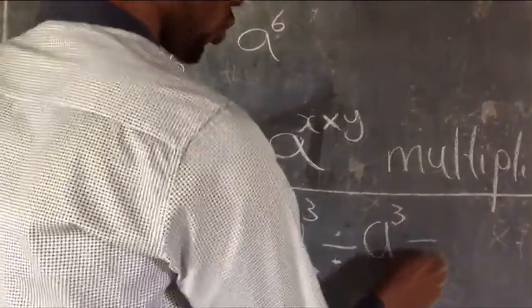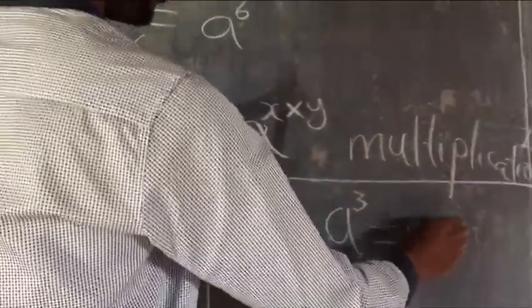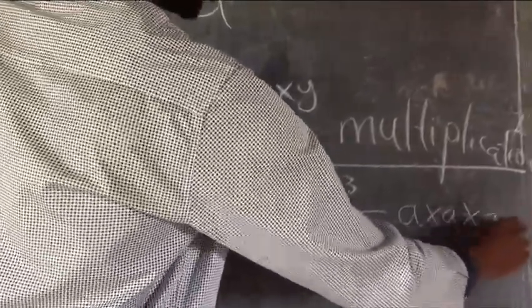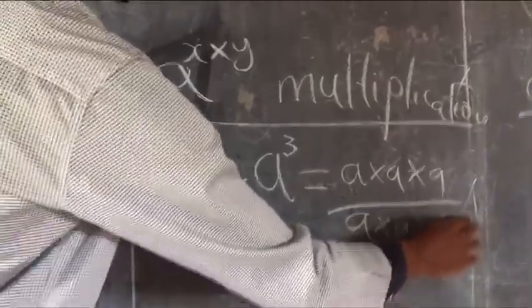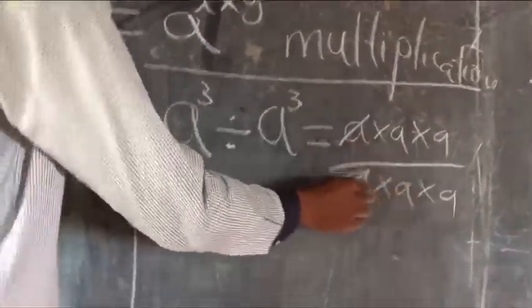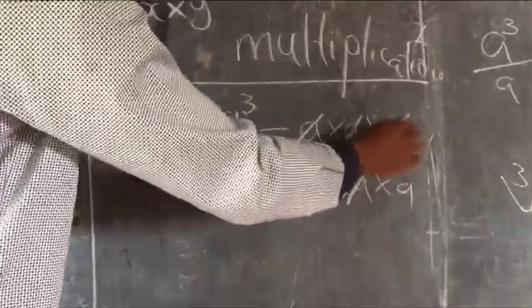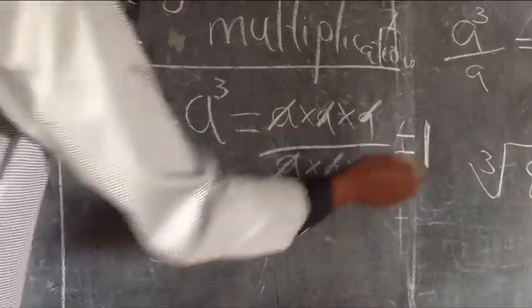Let us solve this in algebra. We get a times a times a, divided by a times a times a. This one cancels this one, this one cancels this one, this one cancels this one. So what will happen? I get 1.